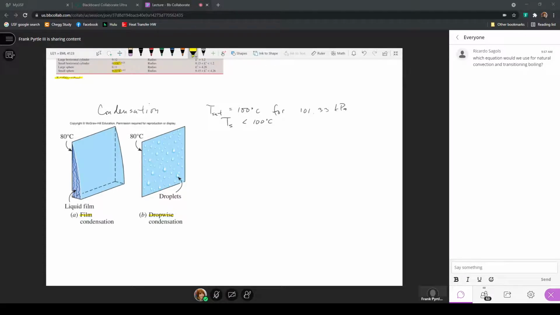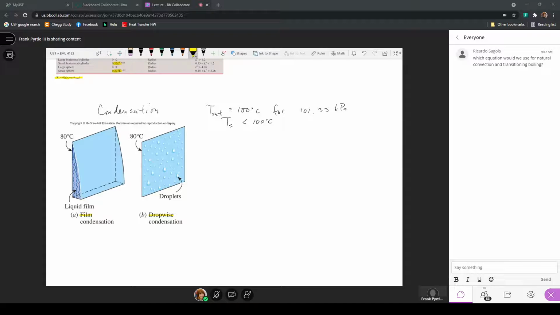But what happens physically when the droplets form on the surface due to the condensation process? If it's film condensation, as the condensation occurs, that condensate will wet the surface and form this liquid film. So here, this is a vertical surface.